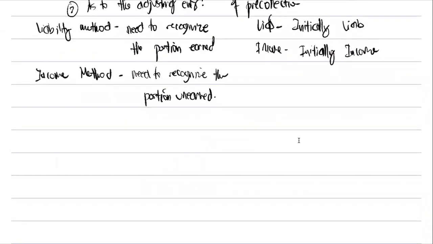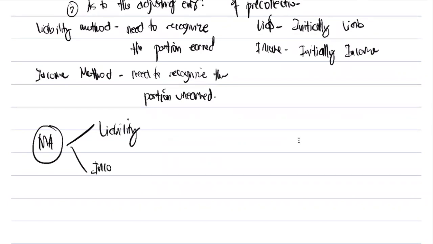So again, this is the mixed account, composed of liability and income. The amount of liability is the portion unearned, and the amount of income is the portion earned.